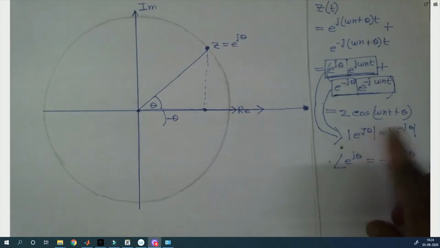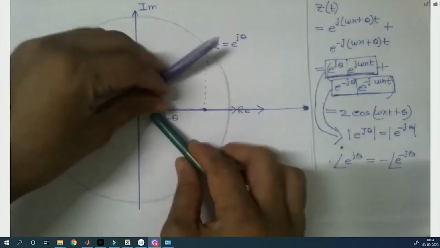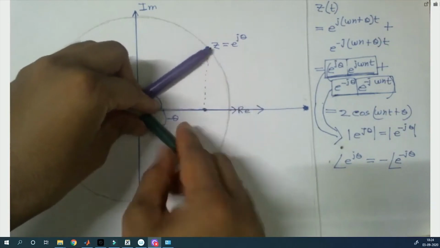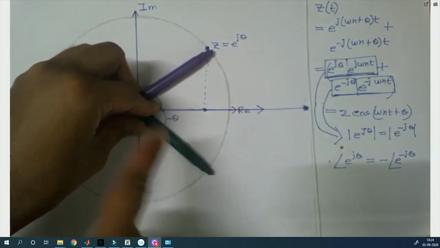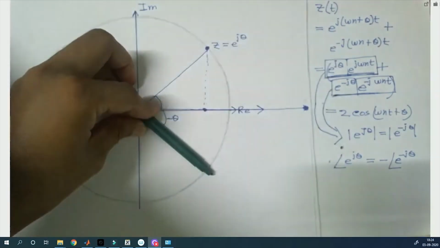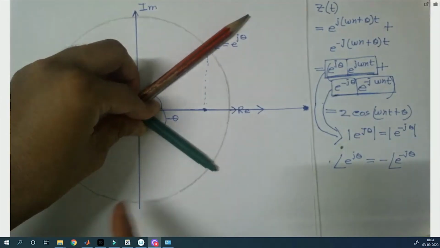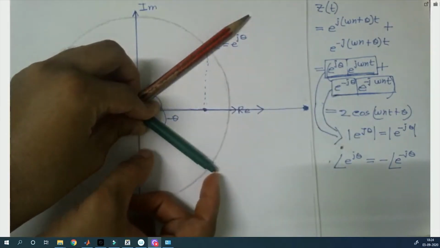The modulus of these two coefficients being same means that the radius of these two vectors are same. If they were not same, then they might have looked like this, one longer, another shorter.